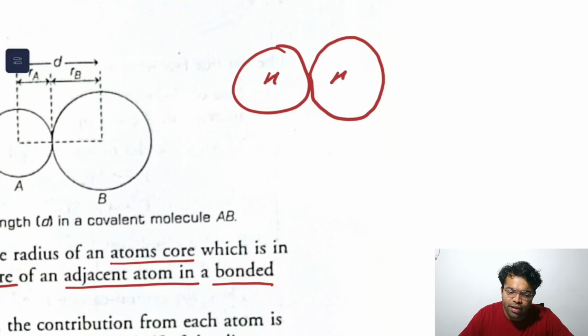What is a covalent radius? It is half the distance between two atoms in a molecule which has both the atoms of equal nature. That is, you need to have a hydrogen here and you need to have a hydrogen here. So basically, half the distance would be the covalent radius.